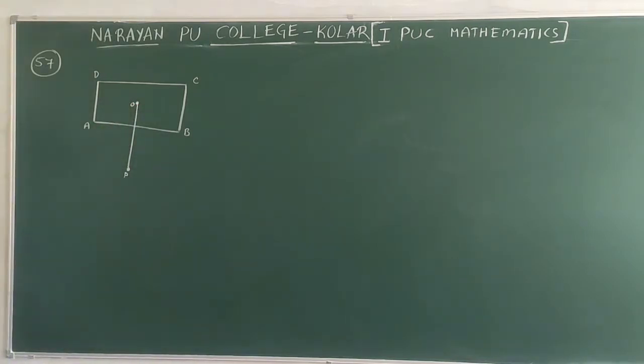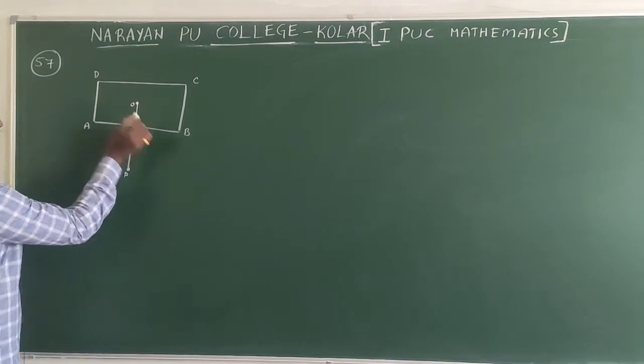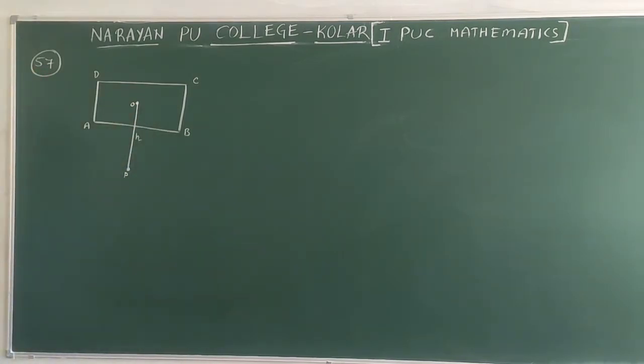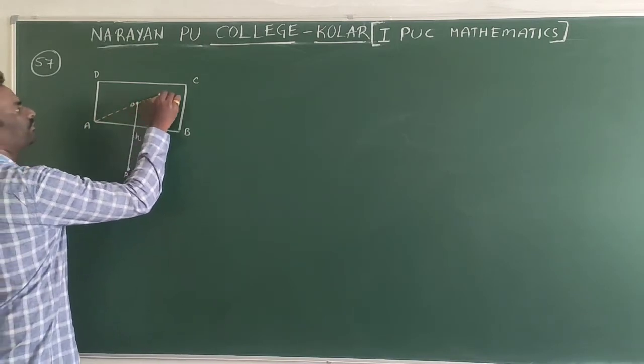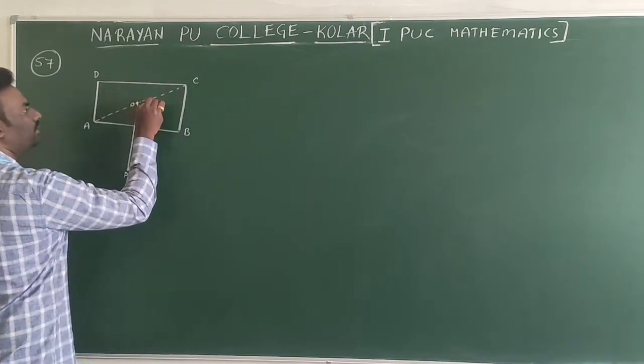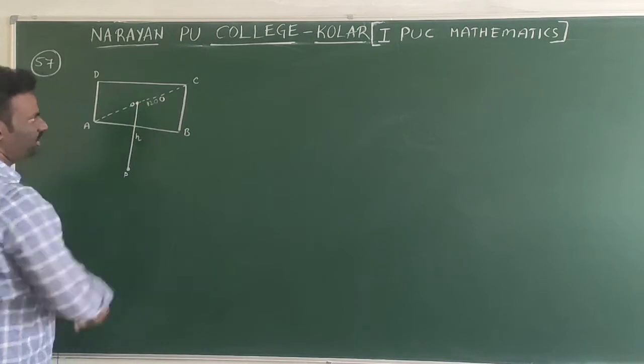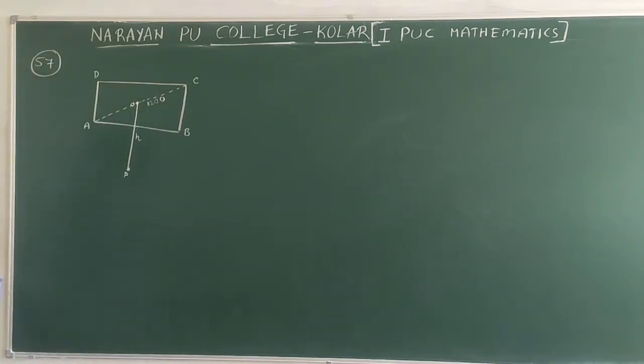This is the flagstaff. The height of this flagstaff is H and this diagonal length they have given, 1200. Okay, that is the diagonal of the rectangular field.